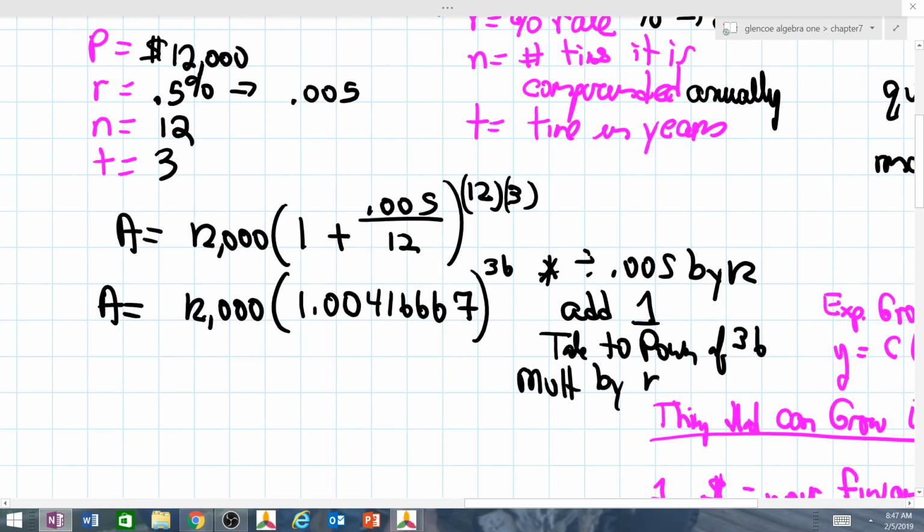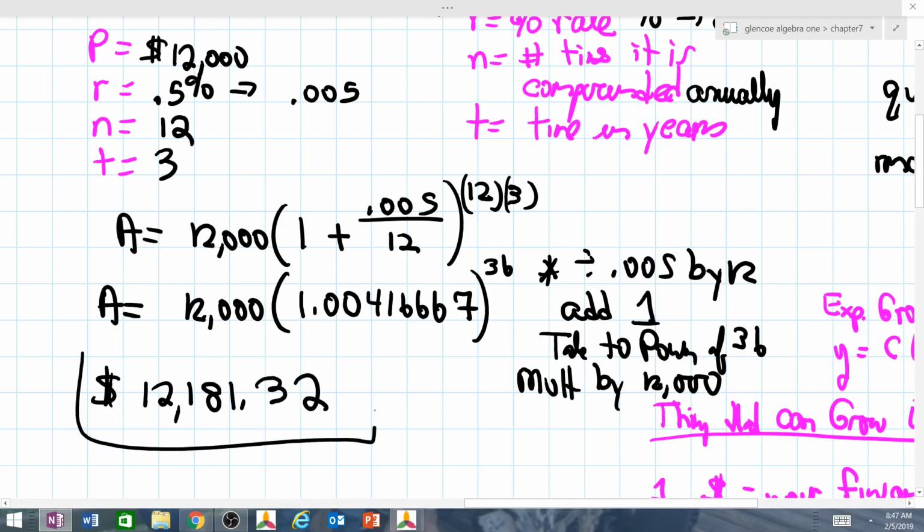Multiply it by 12,000. And what we should get was 12181.32. Did everybody get that?